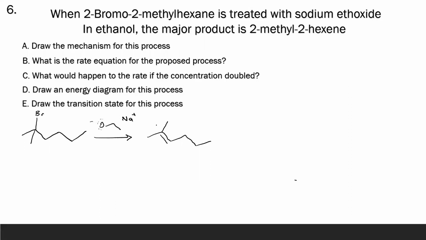Now, what is the rate equation for the proposed process? Well, you have a strong base, strong nucleophile. You know that this is going to be an E2. So the rate will be dependent on both the substrate and nucleophile.